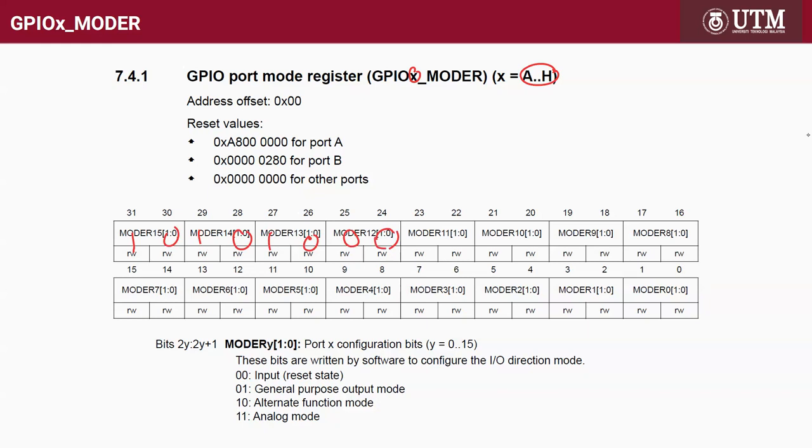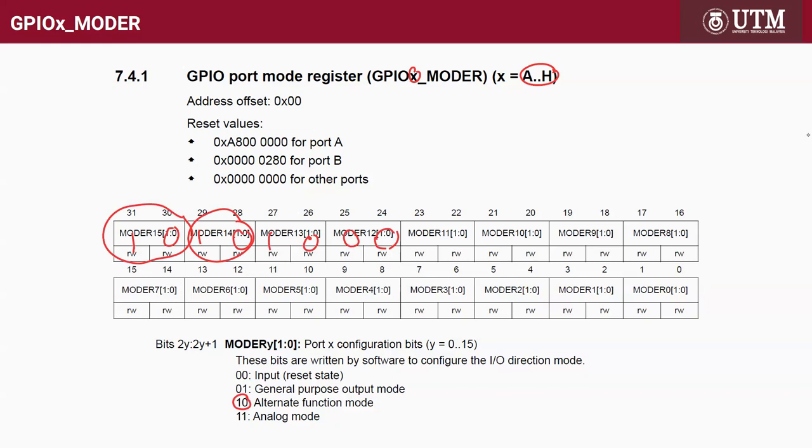Okay, so what does it mean? It means that this 1 0 here is for setting the mode for bit number 15. So bit number 15 is alternate function. Bit number 14 is also alternate function.